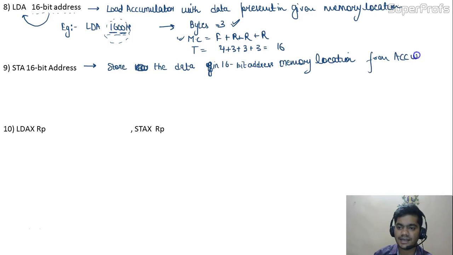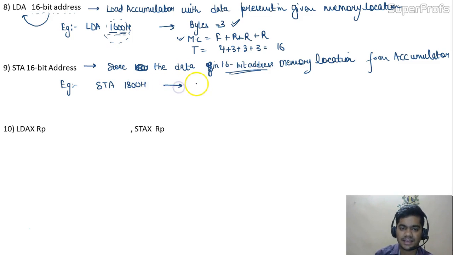So whatever data is present in the accumulator would be stored in this 16-bit address. For example, we have STA 1800H. With this we can see the bytes would be 3. How many machine cycles are involved? The first would be the fetch machine cycle.